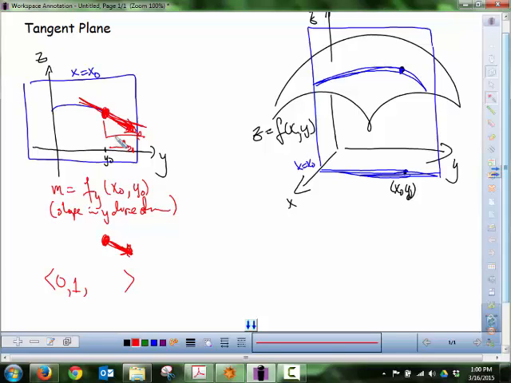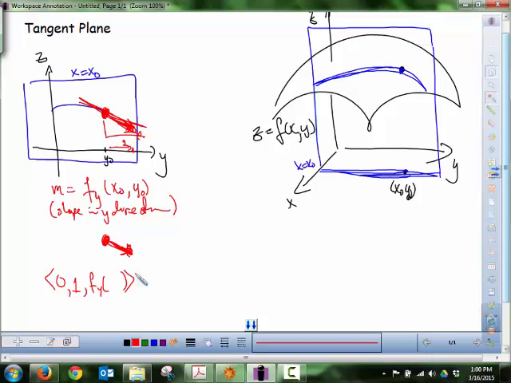How'd you figure that? Close. I think that's the same reason Maria gave, but it's not quite that. It is Fy, but not at 0, 1, because the thing that you put into Fy is a point, x naught, y naught.